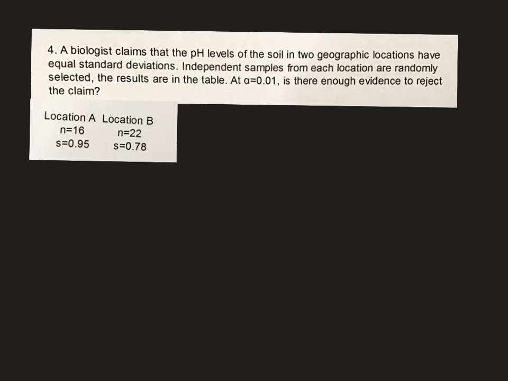So they're saying that it's going to have equal standard deviations, which means if it has equal standard deviations, it's going to have equal variances. So we need them to either be the same or not be the same.